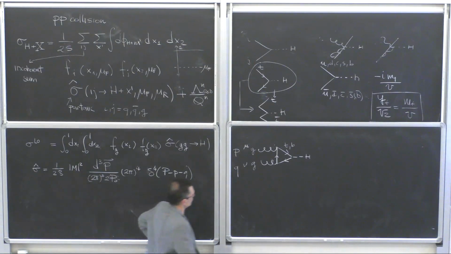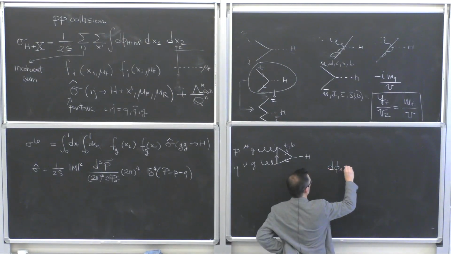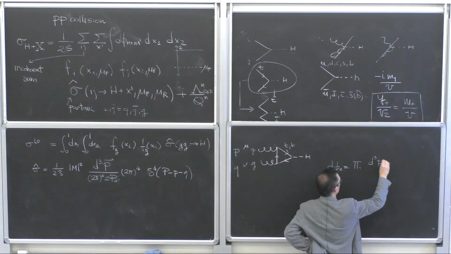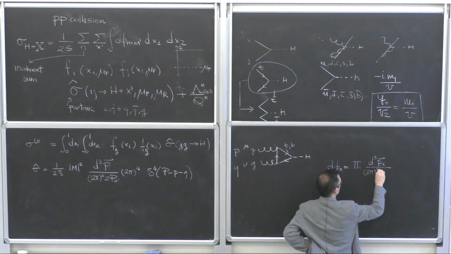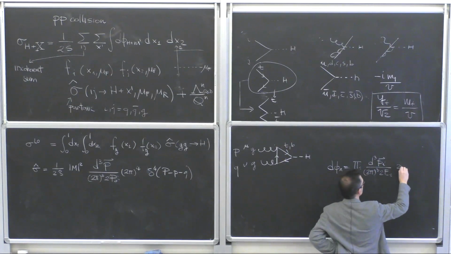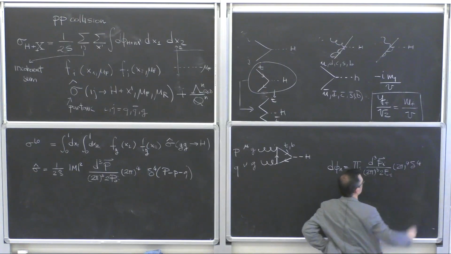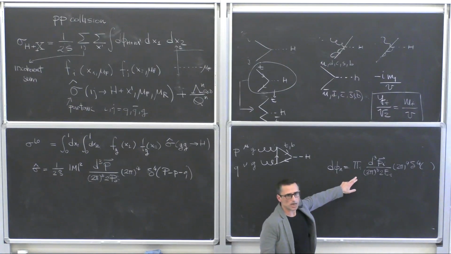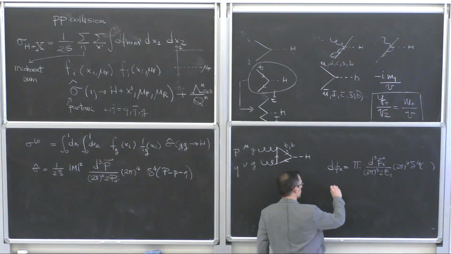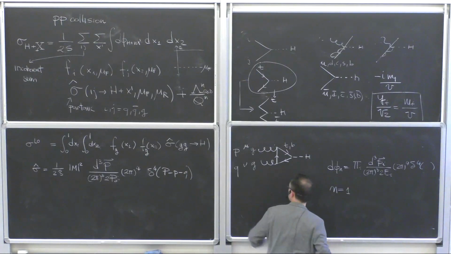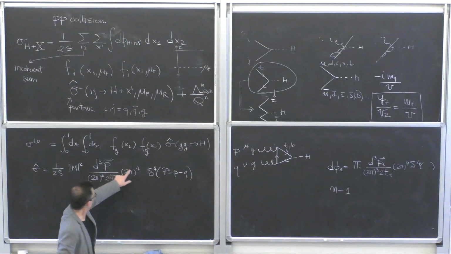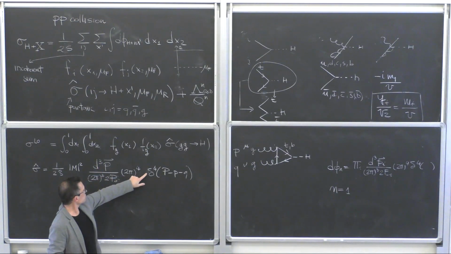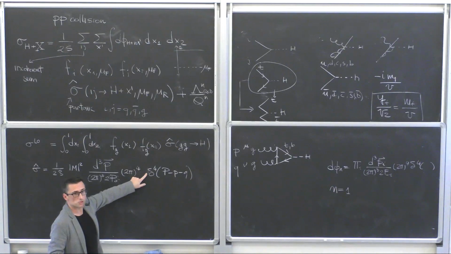So remember, right, the phase space of n particles is the product of d3p_i over 2 pi cubed 2E_i times 2 pi to the 4 delta 4 of conservation of momentum. Okay, so the dimensions of a phase space are given by this formula. So for example, for n equal 1, which is this one, you have 3 minus 1 minus 4, so it's minus 2.